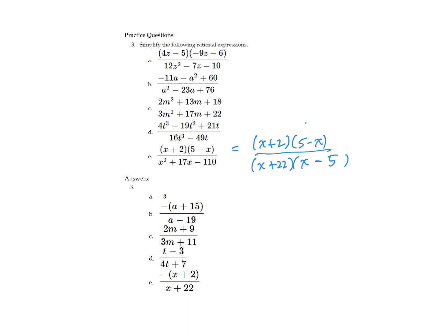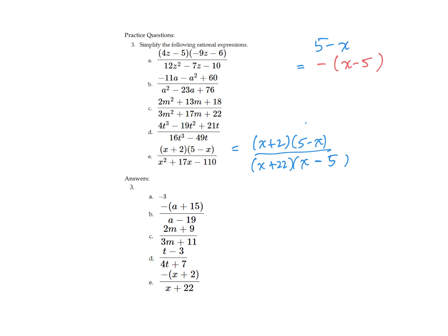So that adds to 17 and multiplies to -110. Now, one thing to be careful of is 5 minus x is not the same as x minus 5. You can factor out a negative sign if you want to reverse the terms in that binomial.